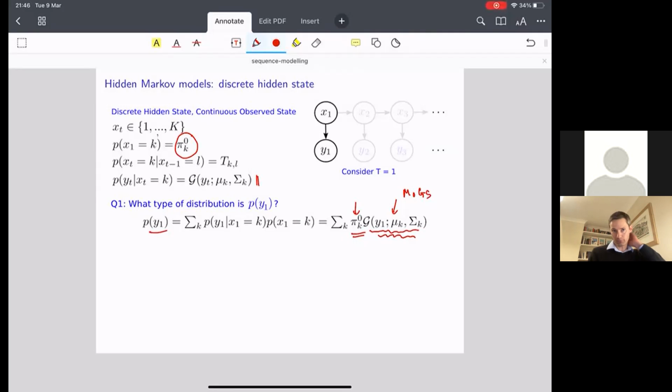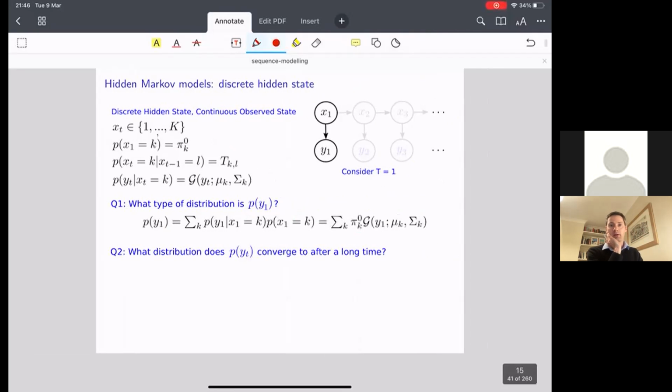So hopefully this is straightforward. Essentially, it's saying if you ignore all subsequent entries in the time series and just focus on the first element of the time series, particularly the first observed element, that's just going to be a little mixture of Gaussians model. Great. Okay, so that's one connection between this model and previous things we've looked at.